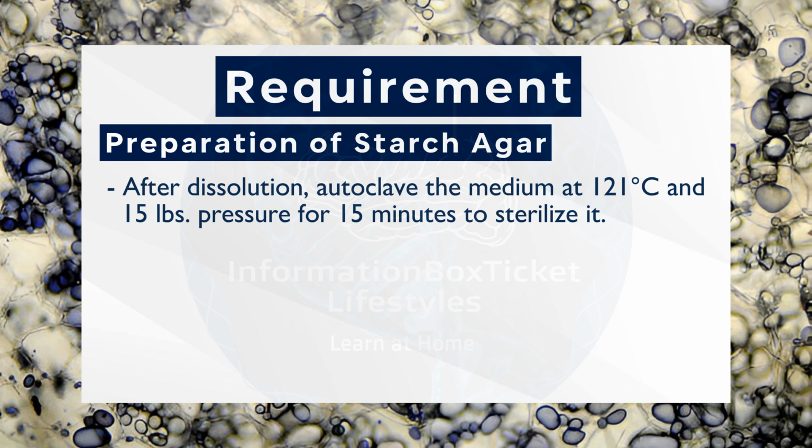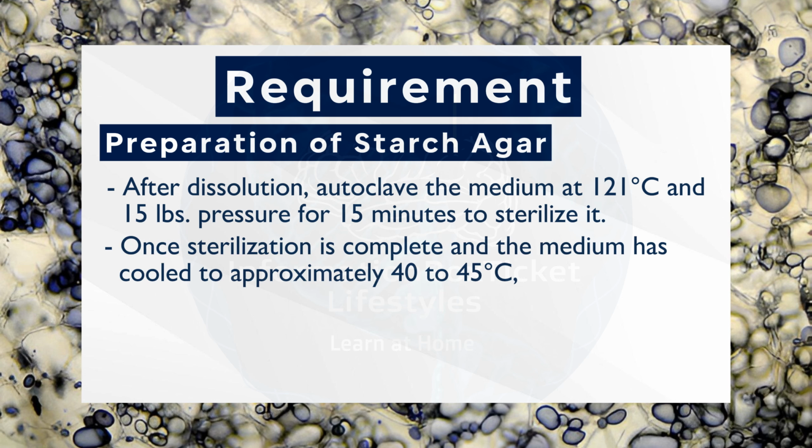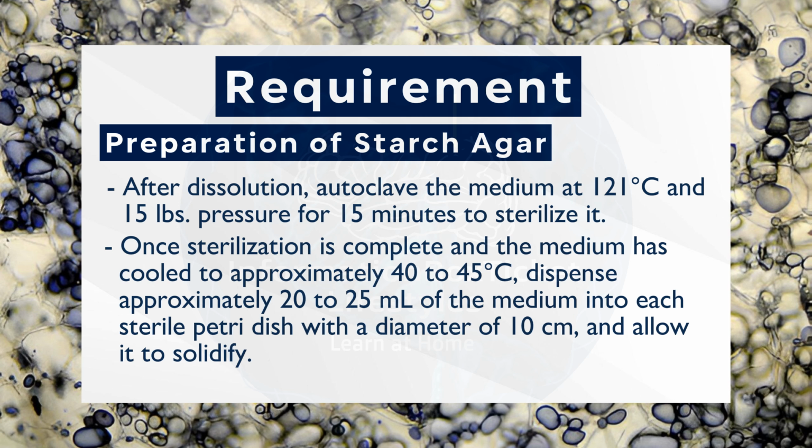After dissolution, autoclave the medium at 121 degrees C and 15 pounds pressure for 15 minutes to sterilize it. Once sterilization is complete and the medium has cooled to approximately 40 to 45 degrees C, dispense approximately 20 to 25 ml of the medium into each sterile petri dish with a diameter of 10 centimeters and allow it to solidify.